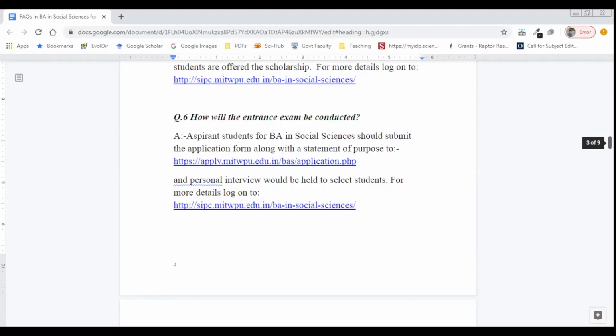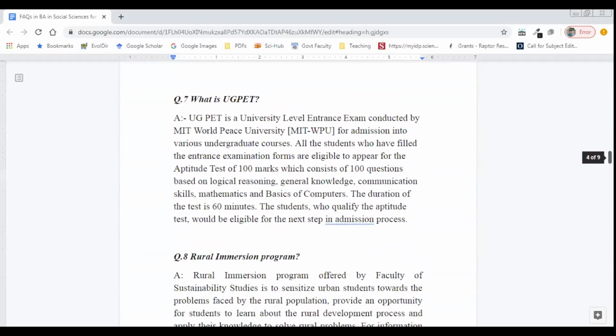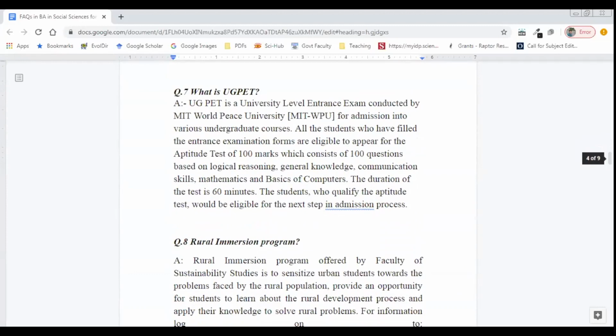Our next question is coming from a student who is asking, what is the eligibility criteria for this program? Thank you for that question. The basic eligibility is a candidate with a minimum of 40% aggregate marks, at the +2 level.